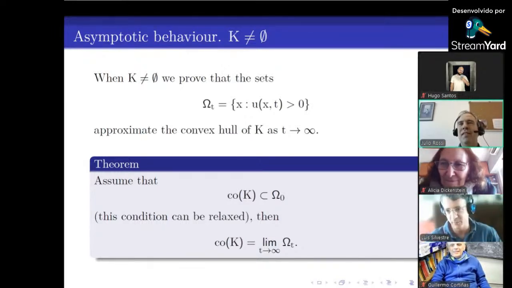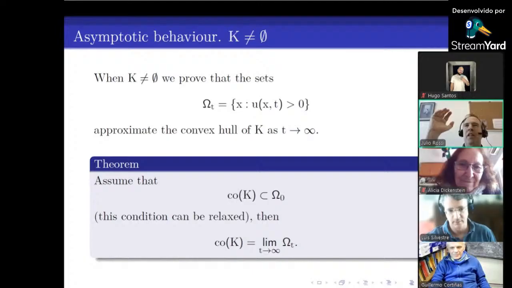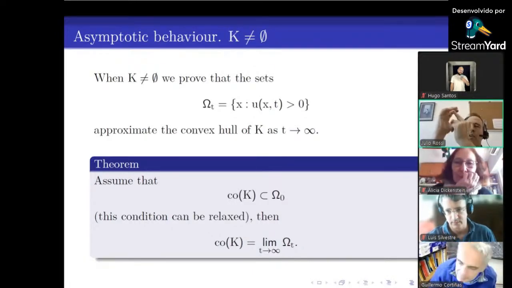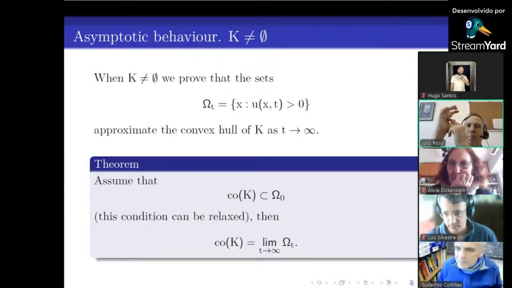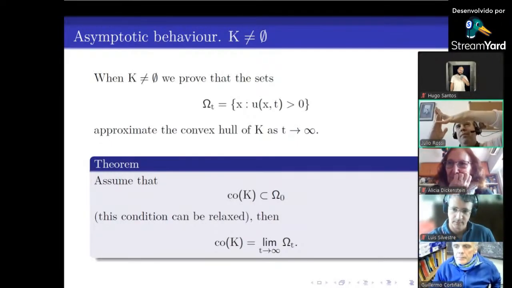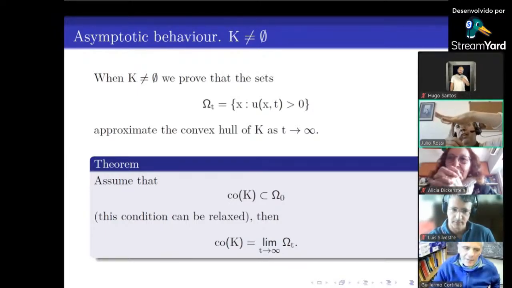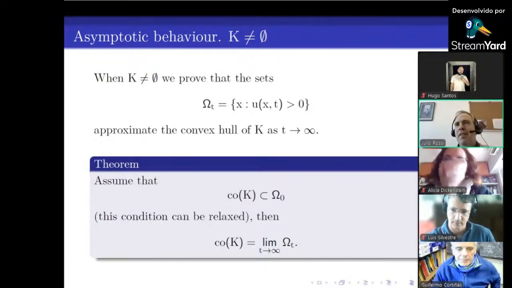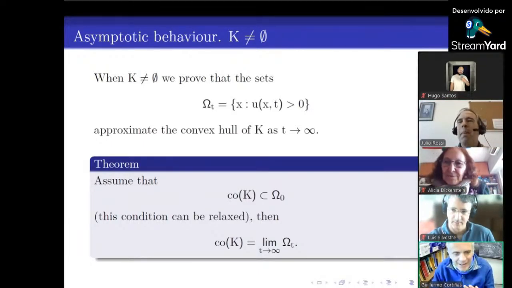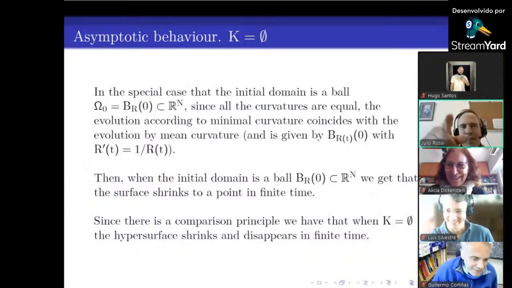Not necessarily. It is shrinking when the surface is curved like this and the two mean curvatures are positive. But you may have a surface that is like this, so the curvatures are negative here, and this goes up. The picture in my head is that it's shrinking because you used the verb shrinking at the beginning of the talk.